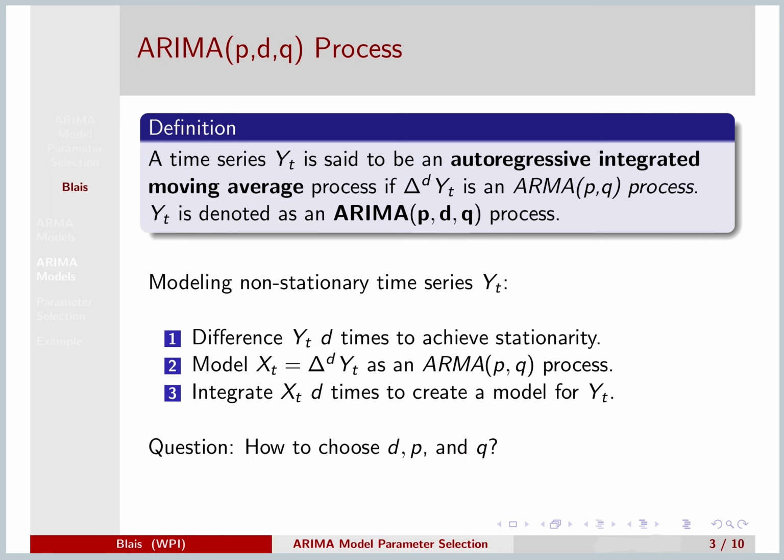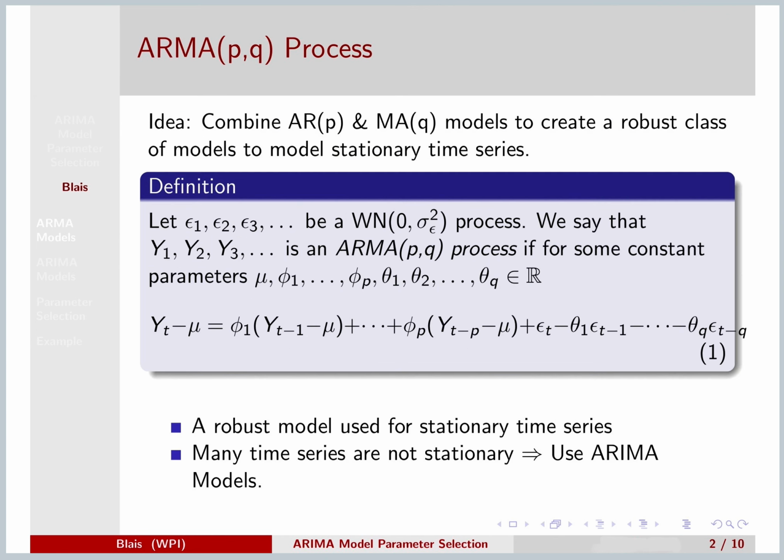Note, d is the number of times that we will difference our original time series. p is the number of memory parameters for the autoregressive portion, and q is the number of memory parameters for the moving average portion.